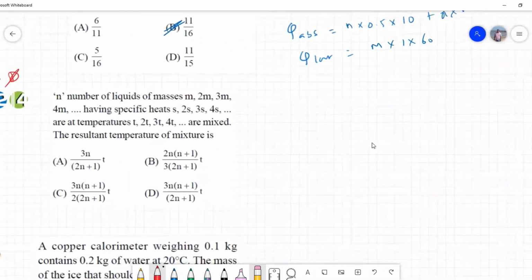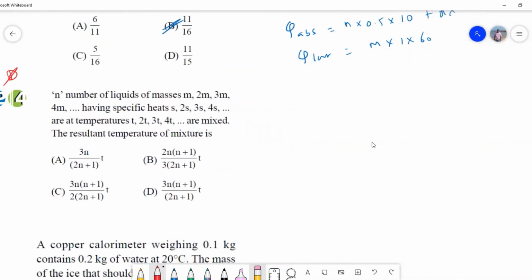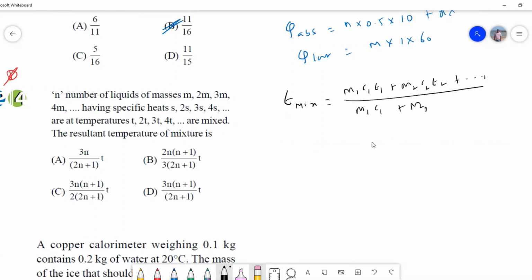This also depends upon a very simple and easy formula, that is the temperature of mixture of liquids: (M1C1T1 plus M2C2T2 plus so on) upon (M1C1 plus M2C2 plus so on).